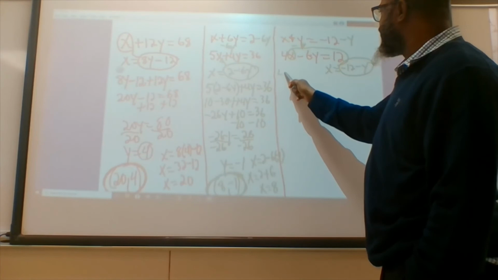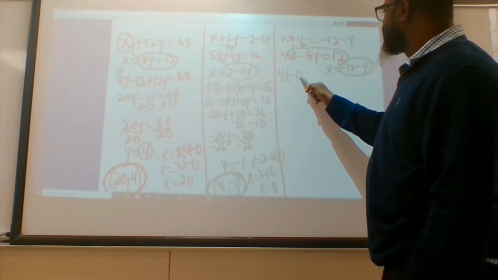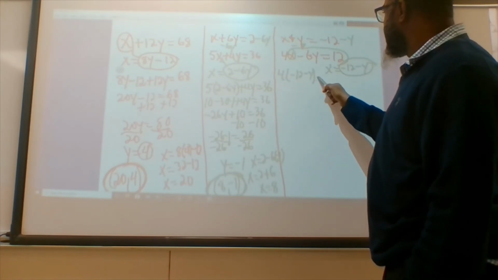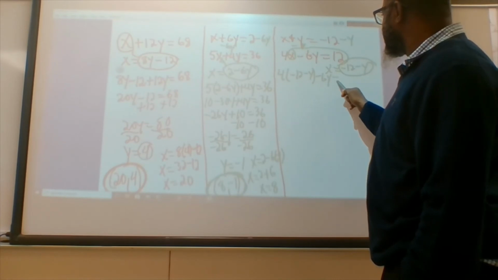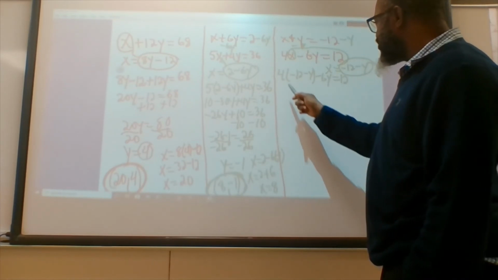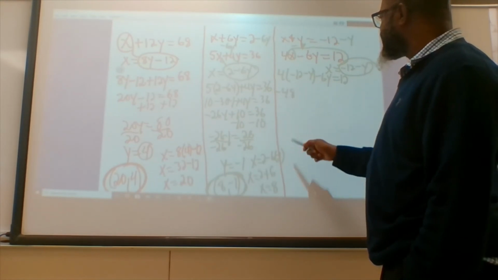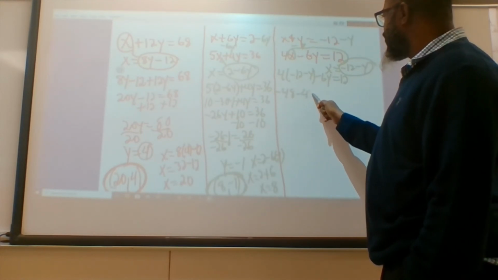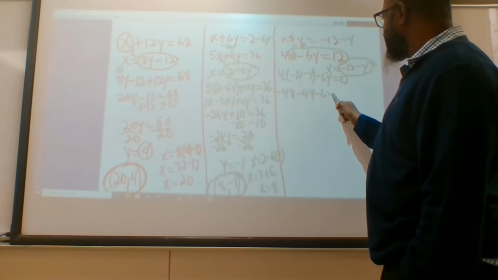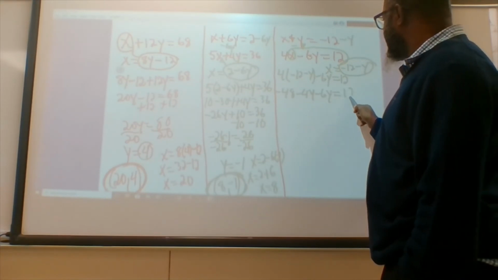So I will have 4 times (minus 12 minus y) minus 6y is equal to 12. When I do my distributive property, I'm going to have negative 48, right? Minus 4y minus 6y is equal to 12.